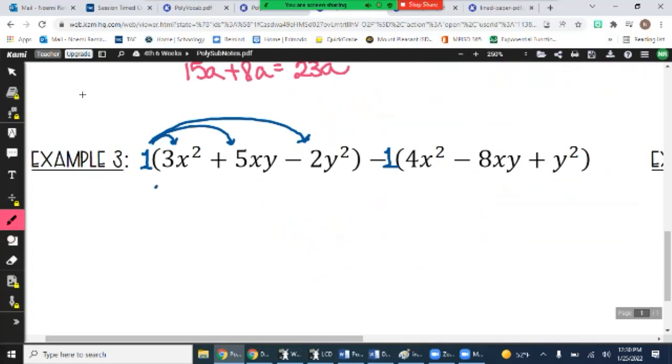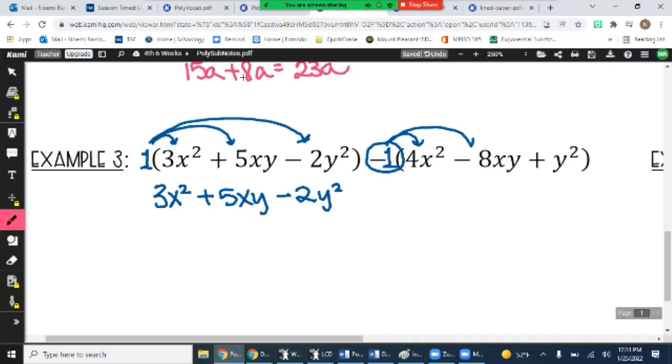So 1 times 3x squared, 3x squared. It's a positive 1. It's not going to change anything. Plus 5xy minus 2y squared. But when I take that negative 1, Angel, and I multiply it by 4x squared, what do I get? Negative 4x squared.